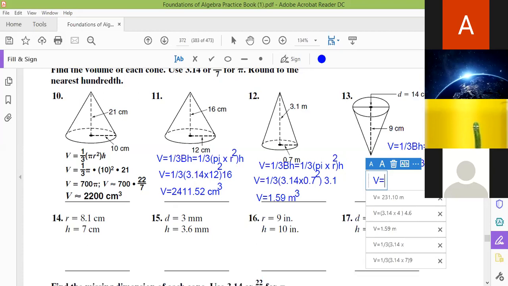Then press equal and then divide the whole answer by 3.